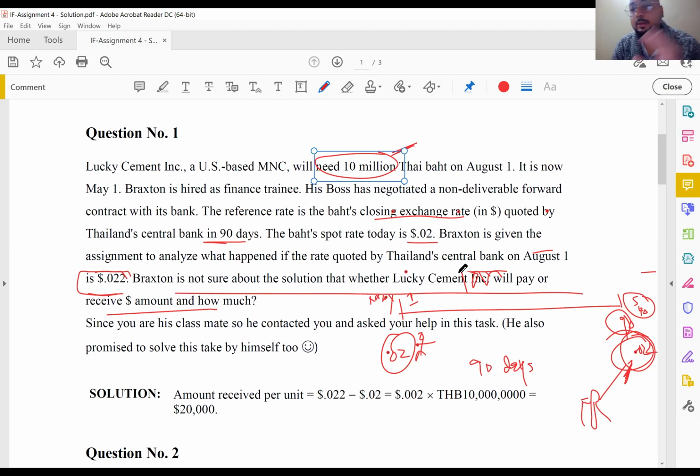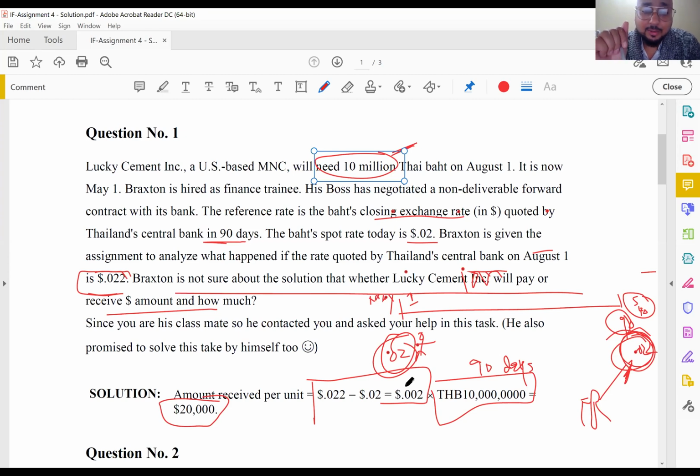The question is a little bit fishy here, because we don't know whether we are paying or receiving, so we are just required to answer based on the numbers. This number is telling you nothing. The difference is 20,000. I'm sure you know how to do that: spot rate in the future minus spot rate current, the difference multiplied by the 10 million. The answer is 20,000.